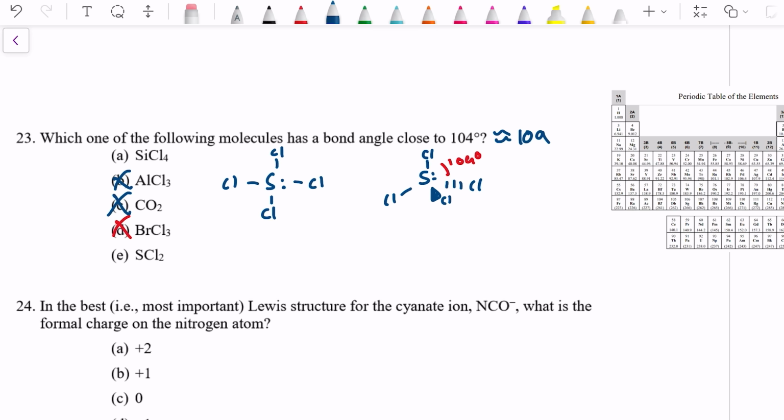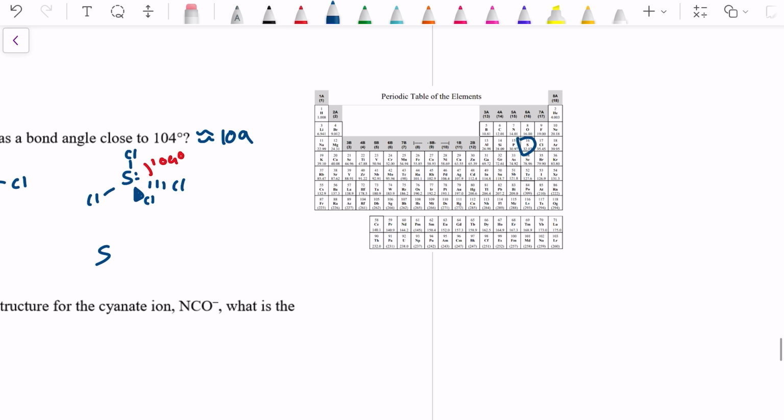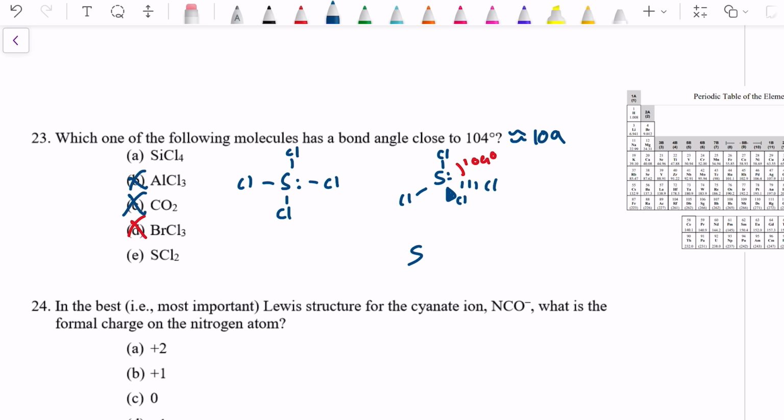23E, let's see what we got here. We got sulfur. Sulfur is right below oxygen, so it's electronically the same, and we have 2 chlorines. This option also has 4 electron regions, so it does have the tetrahedral shape.